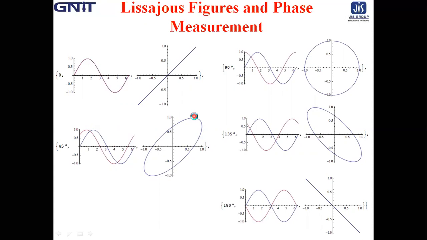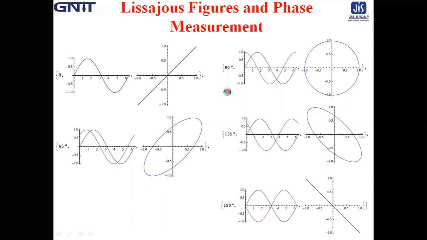Some resultant wave shapes formed due to superposition of the voltage wave shapes are observed on the screen. If the input voltages are sinusoidal, the pattern on the screen is known as a Lissajous pattern.